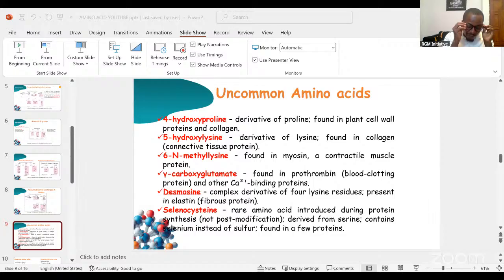When you say something is a fiber, we define fiber based on strength. People in engineering call it the strength of a material. If the collagen is not properly synthesized, the strength of the collagen will be weakened.